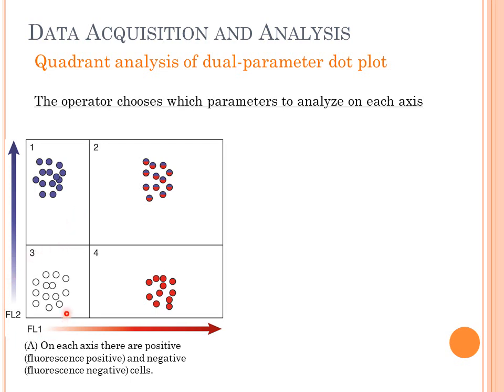And down here, that is cells that don't fluoresce at that wavelength. And then over here, we have cells that are positive for the one color and positive for the other as well. So these are the dual positives up here.